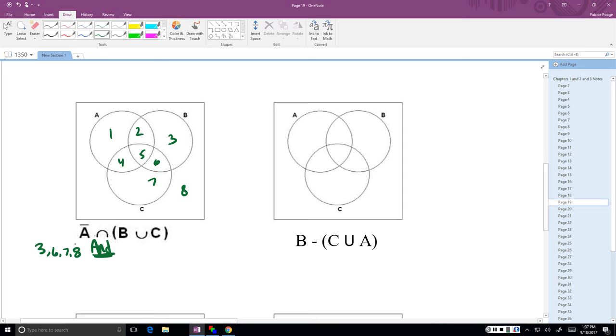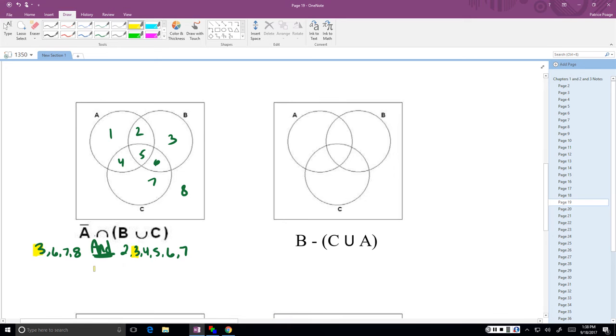On the right side it says B union C. Union means plus. So that means I want everything in circle B plus everything in circle C without repeating. So I want 2, 3, 4, 5, 6, 7. And since it says and, that means I only want to shade the numbers that are on the left side and the right side.